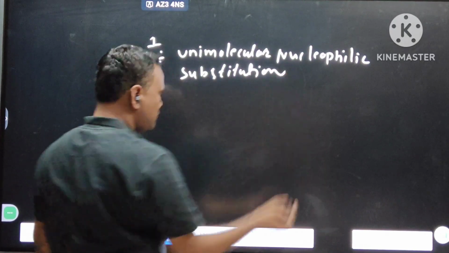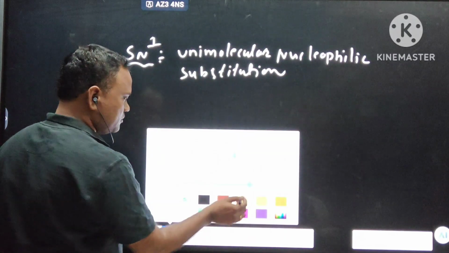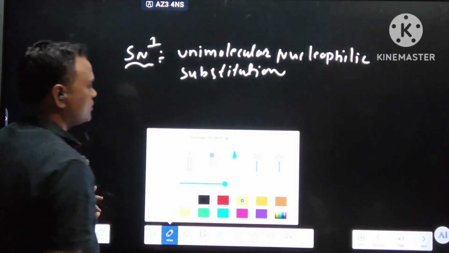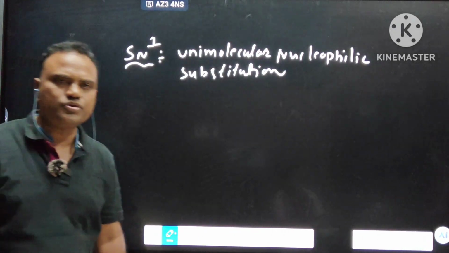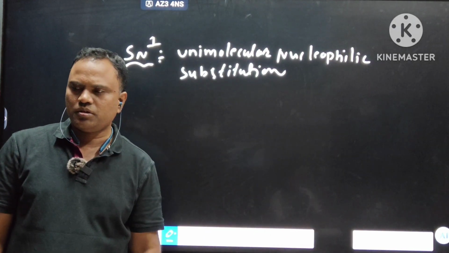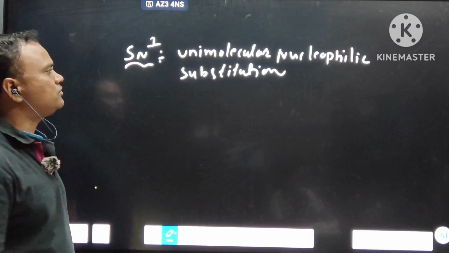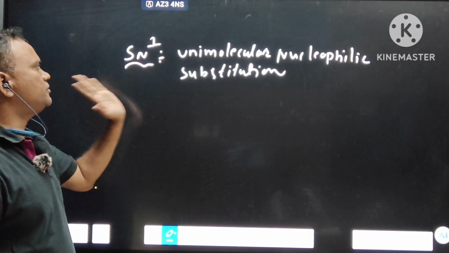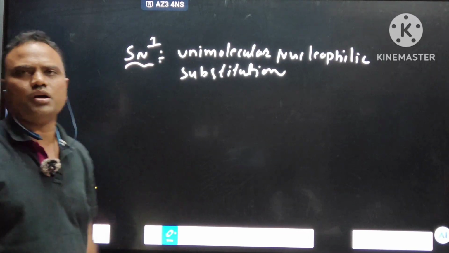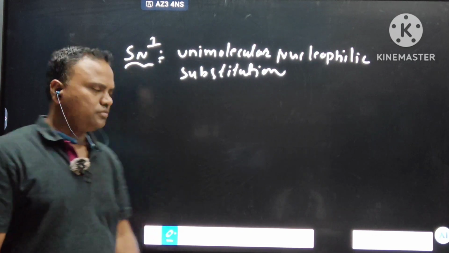What is unimolecular? We will learn now. The abbreviation for SN1: the 1 represents unimolecular nucleophilic substitution reaction.